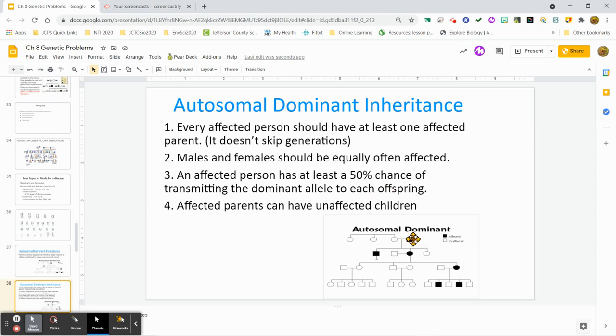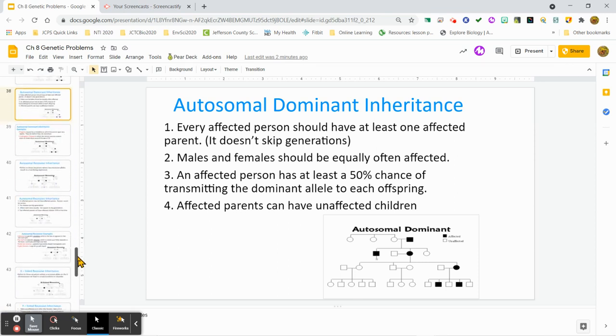So here is an affected parent, and that's 50% of his offspring. Here's an affected parent, and it affected almost 50% of the offspring. Unaffected parents can have unaffected children because if they're heterozygous, they can have unaffected children. So you'll look for these things when you look at these pedigrees.